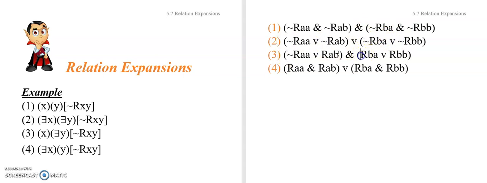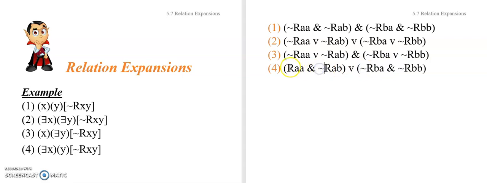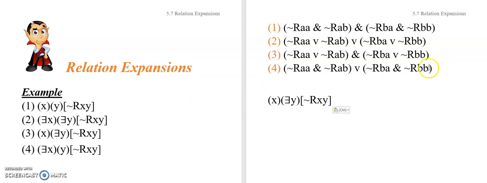And I'm going to walk you through a particular one in a second to convince you of that, in case you're having a hard time seeing it in your mind's eye. But basically, you've got this not attached everywhere. So let's go ahead and try this one just for the sake of illustration, all right? So what you're going to have here is, let's peel off the X quantifier first.